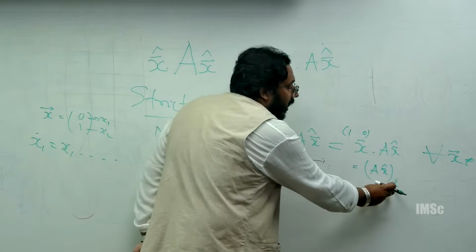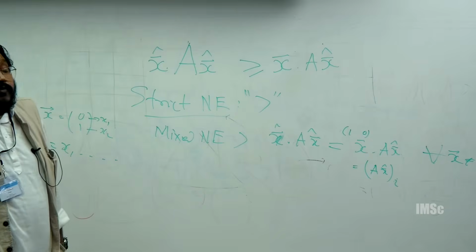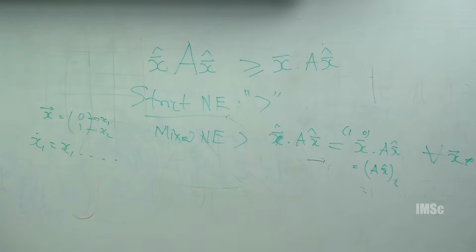So Ax_i's are all same, i equal to 1, 2, 3, 4, all are same. We actually saw this already when we solved the hawk-dove game, remember, while checking the first condition, the multiplication on the right hand side and the left hand side gave you exactly same 3 by 5, 3 by 5, 3 by 5. It is a general condition for any mixed Nash. Okay. If you knew this, I would not have even done that.